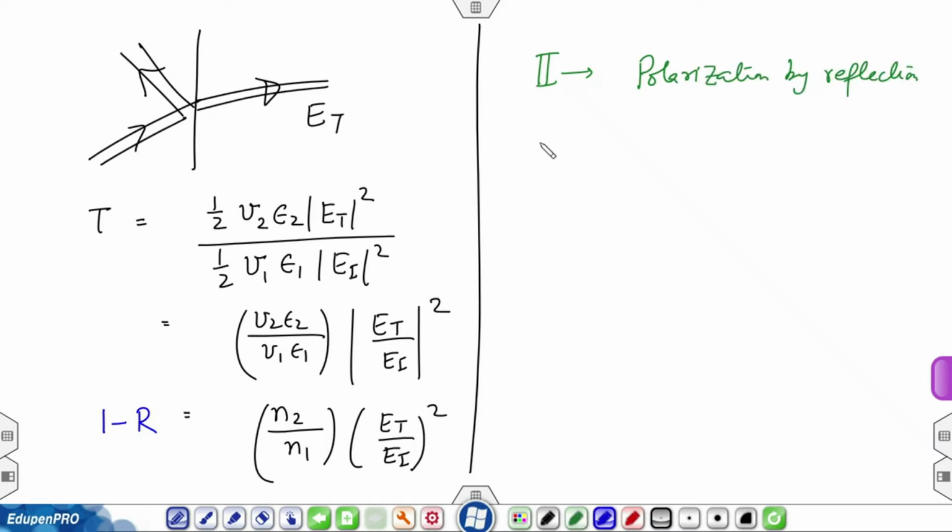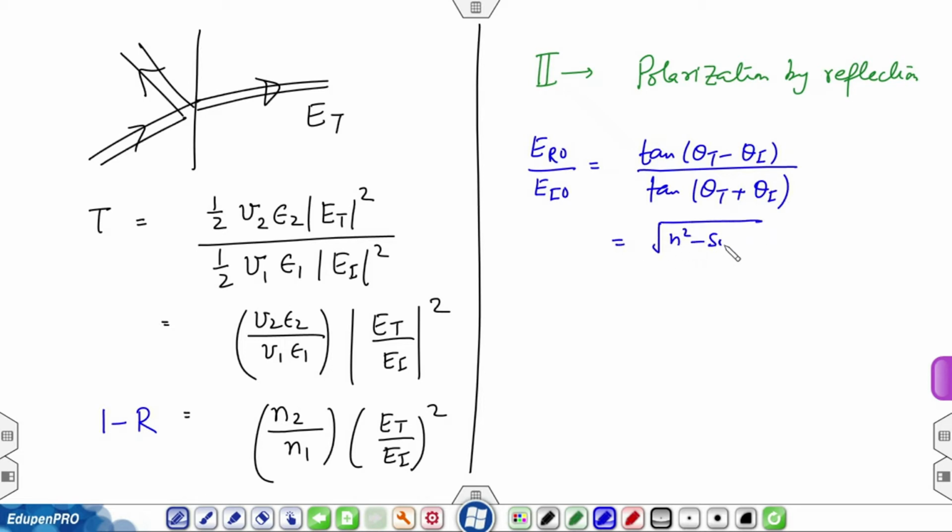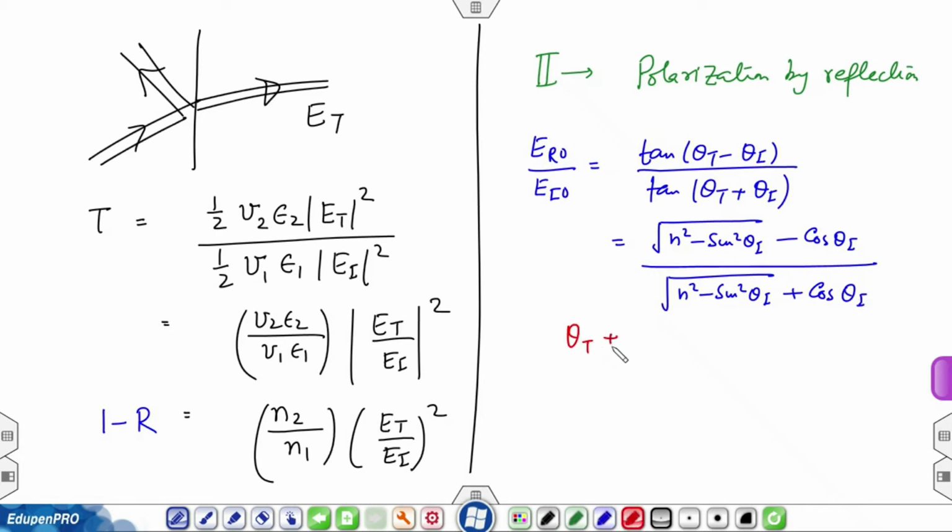So, I have written the formula as Er0 over EI0, which is the ratio of the amplitudes, tangent of (theta t minus theta I) divided by tangent of (theta t plus theta I), which is also equal to, as you just calculated, square root of n square minus sin square theta I minus n square cosine of theta I divided by square root of n square minus sin square theta I plus n square cosine of theta I. So, whenever theta t plus theta I is pi by 2, Er0 is 0.